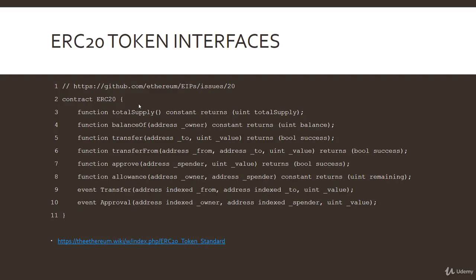I can also transfer tokens to another address. So I can transfer 10 tokens to address number 2. And if I call the function approve, then I could, for example, approve that address number 2 is allowed to send 100 tokens somewhere.